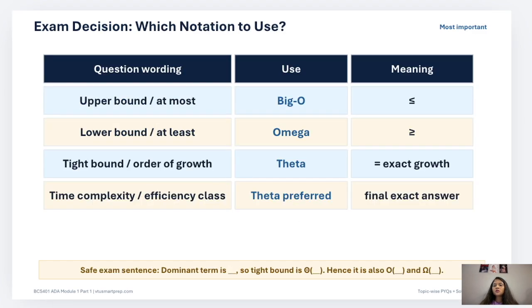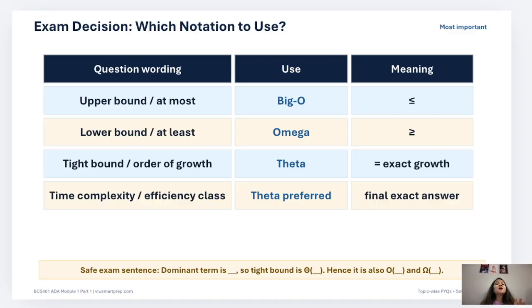Clear? So next, which notation to use? This is the most important slide for the students. If the question says upper bound or at most, you have to use the big O, and if the question says lower bound or at least, you have to use the omega. Clear? And if the question says tight bound or order of growth, you can just use theta.